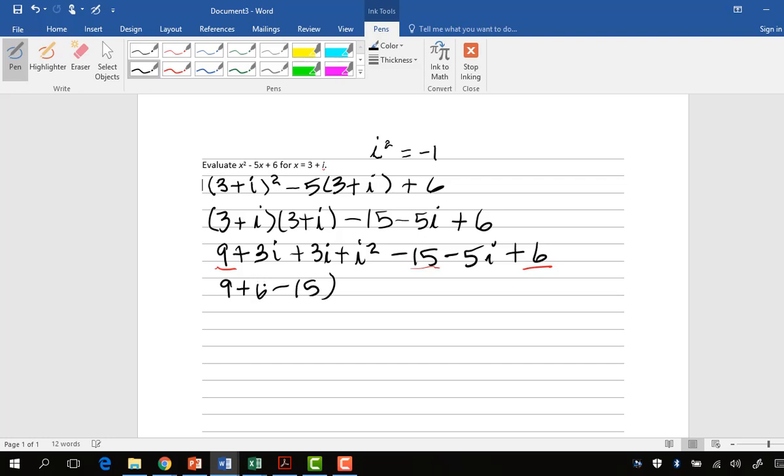Order doesn't matter as long as I have the sign right. So I have a 9, a positive 6, and a minus 15. And then I have a 3i, another 3i, and a minus 5i. So those are also like terms. And then I have the plus i squared.